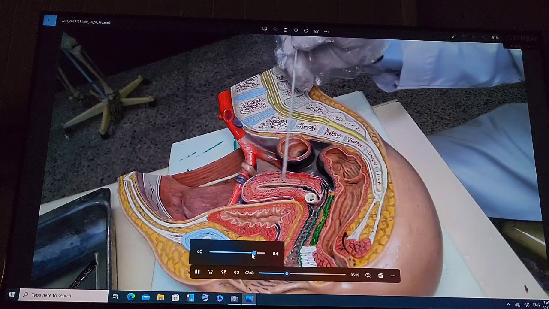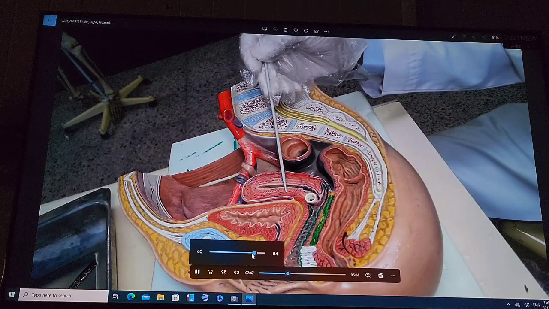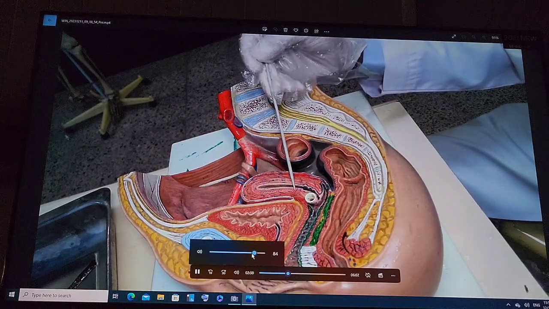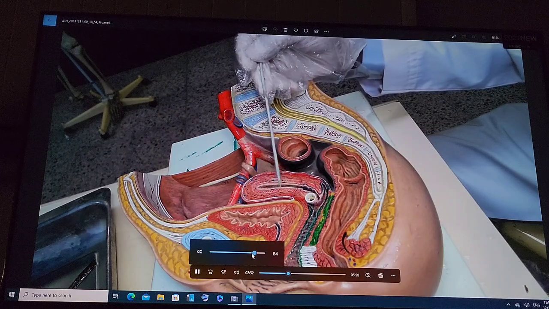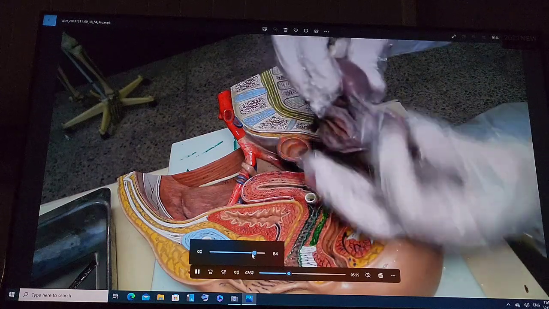Furthermore, the long axis of the body of the uterus is bent forward at the level of the internal os, here also in the cadaveric specimen.